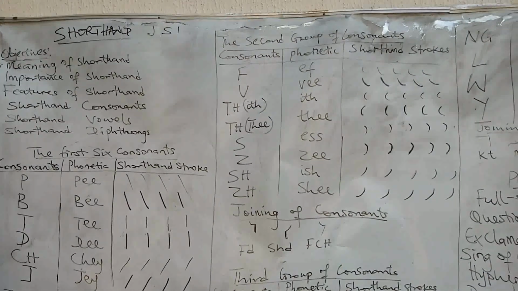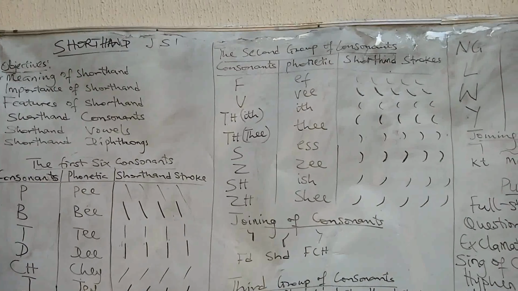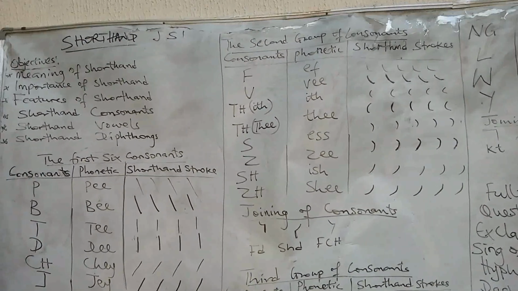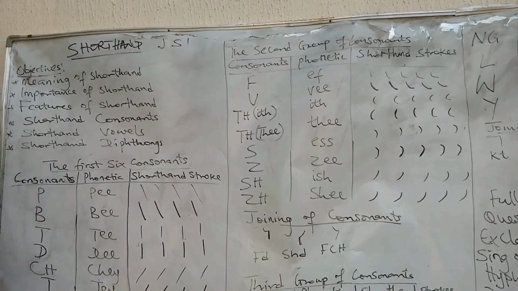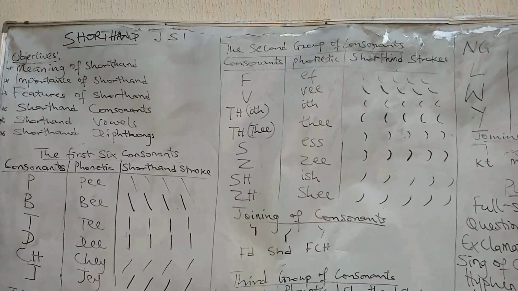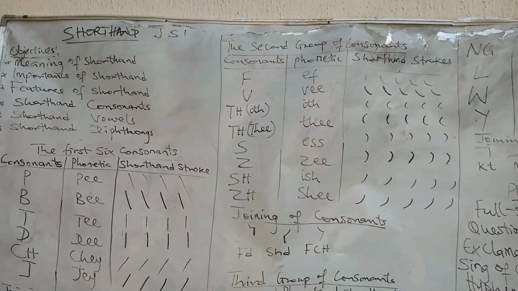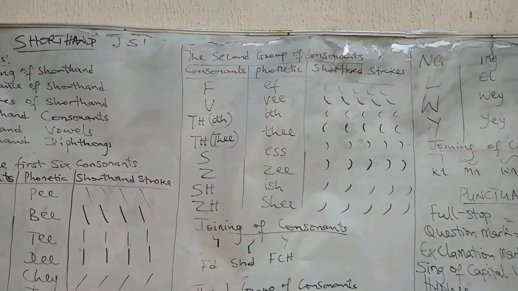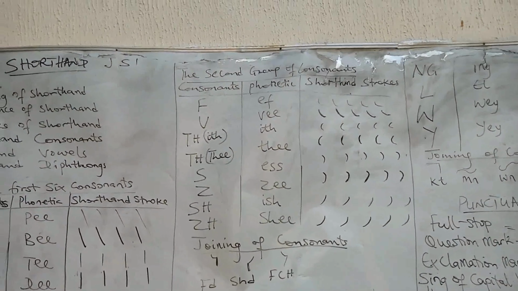Sir Isaac Pitman invented shorthand in the year 1837. In this Pitman shorthand, it is very important that many organizations use it in writing business letters and other confidential information. So we want to look at the importance of shorthand.